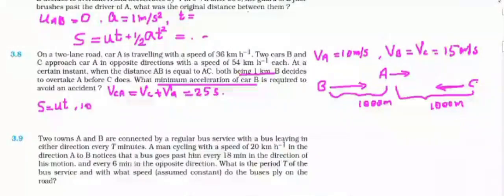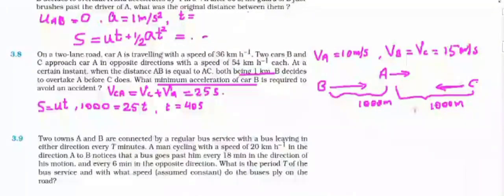And U, you have to take their relative velocity, 25, and time t. So find the value of t from this equation. You will get around 40 seconds is the answer. That means C takes 40 seconds to reach A.